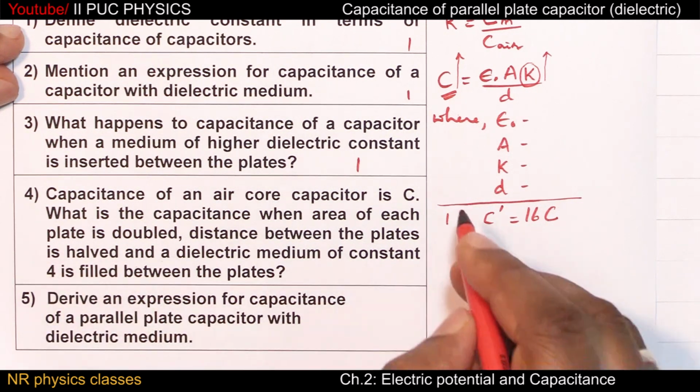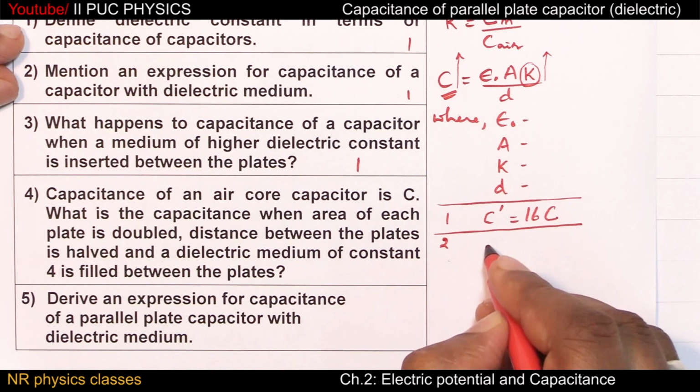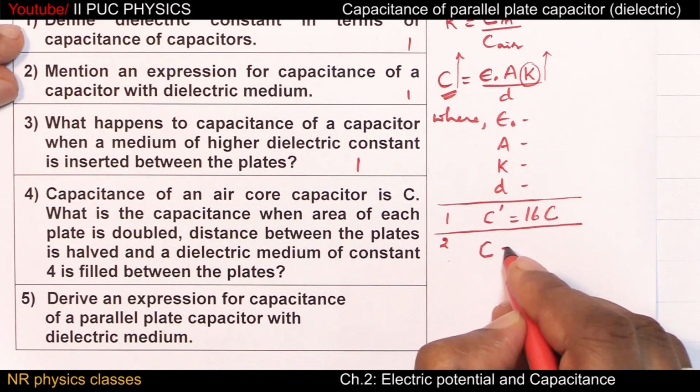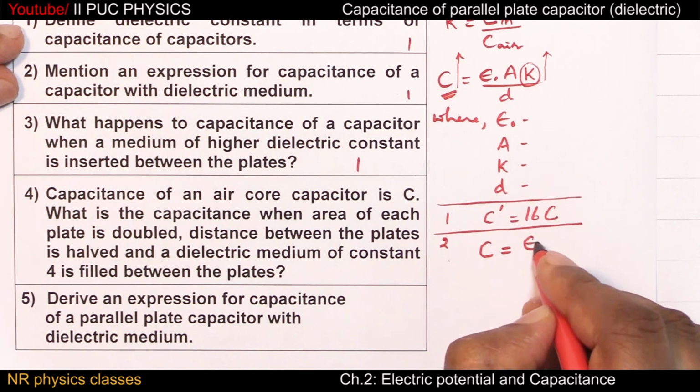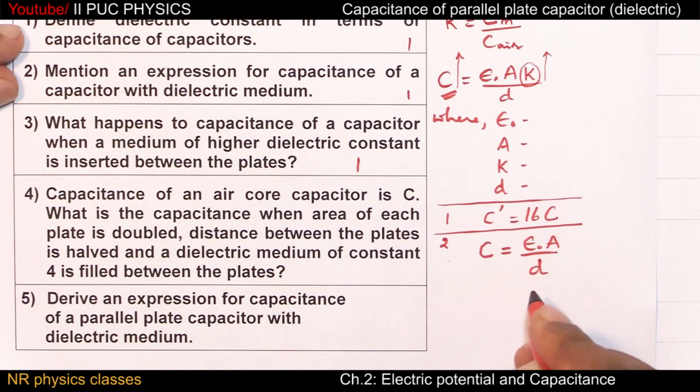If the same question is asked for 2 marks, then C equal to epsilon naught A by D. This is with air.